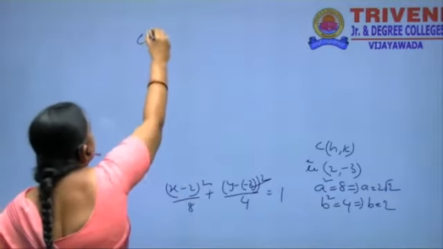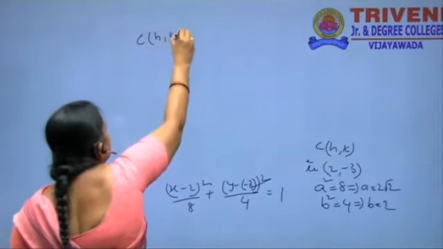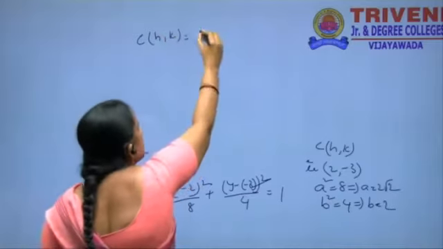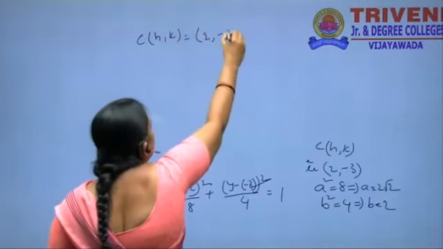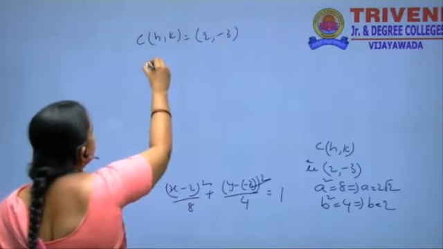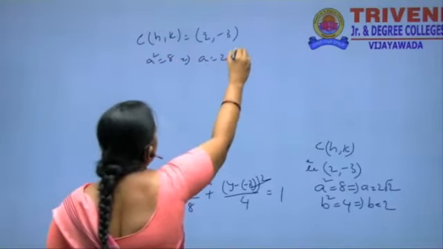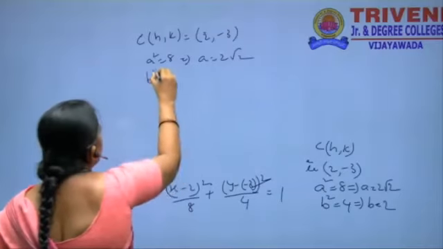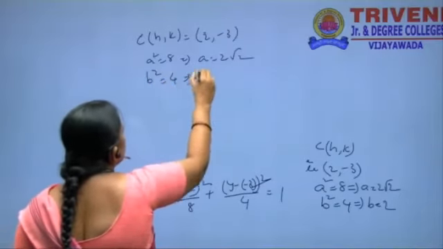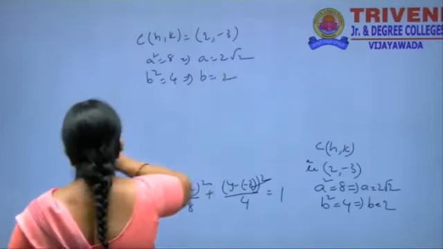Center h comma k is equal to 2 comma minus 3 and a square is equal to 8, a is equal to 2 root 2, and b square is equal to 4, b is equal to 2.